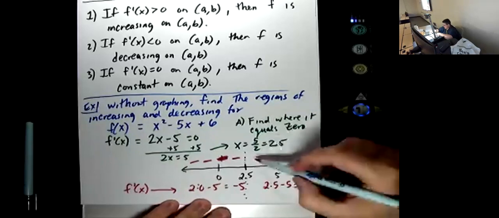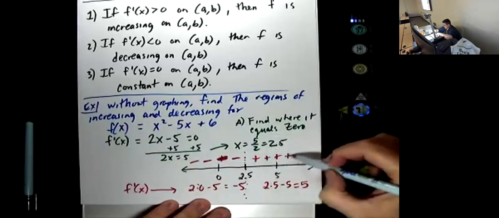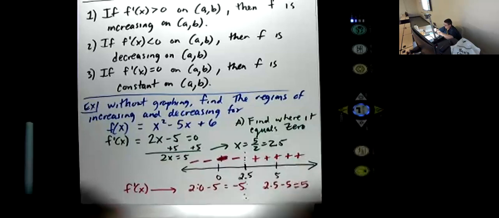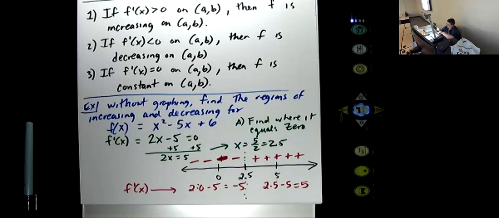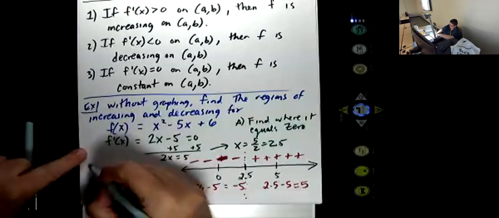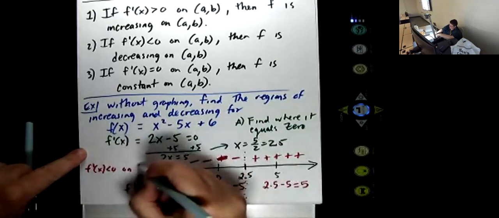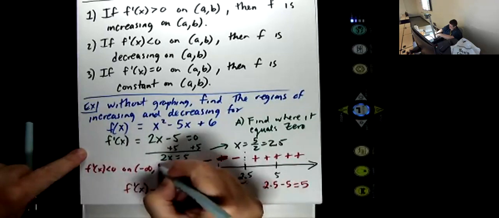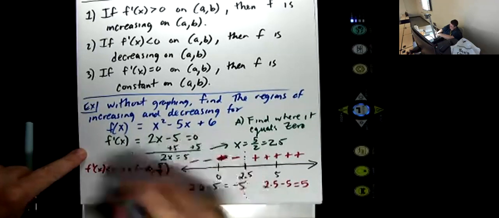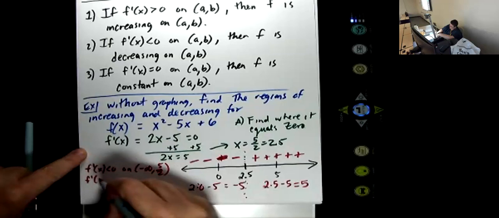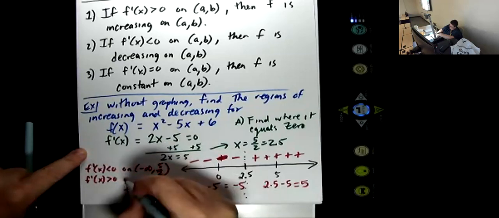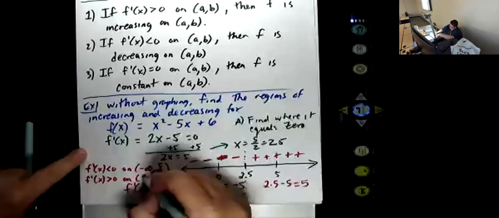So everything to the right of that is going to be positive. So f prime of x is less than 0 on negative infinity to 5 halves. And f prime of x is greater than 0 on 5 halves to infinity.